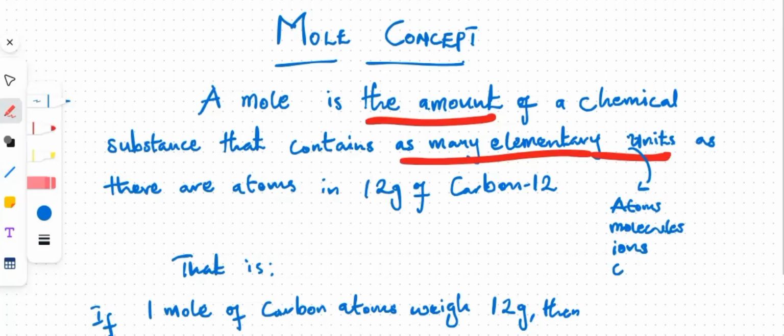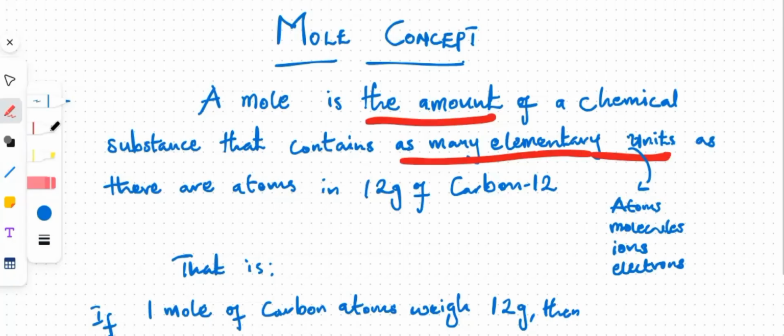They can be electrons. These are elementary units. So, as many elementary units as there are atoms in 12 grams of carbon-12. We are using 12 grams of carbon-12 as our reference point.